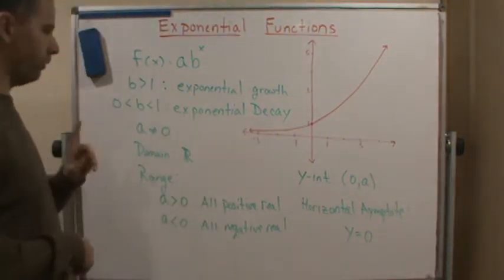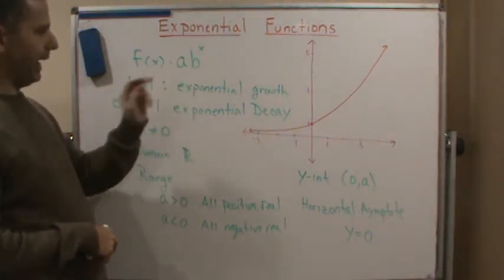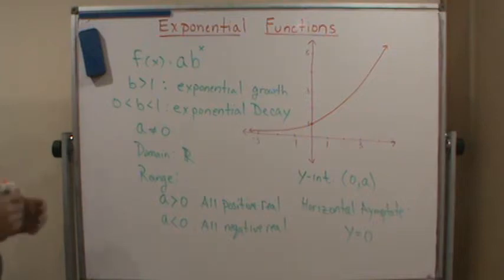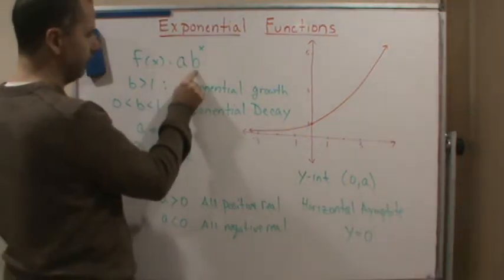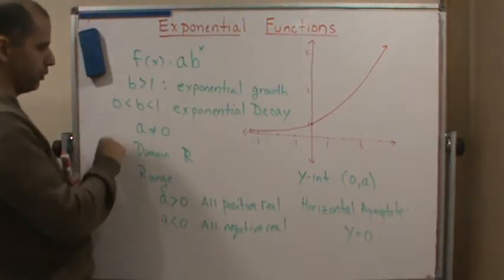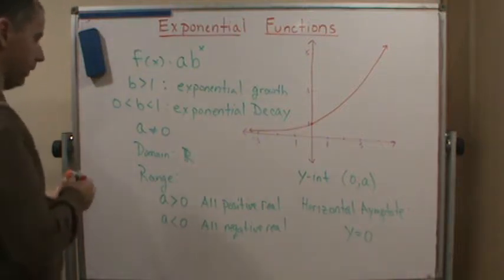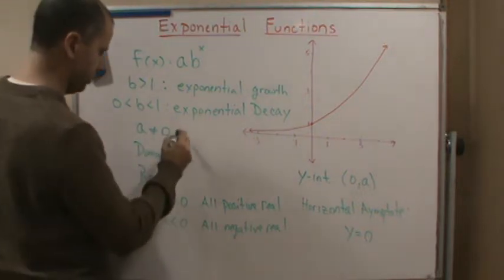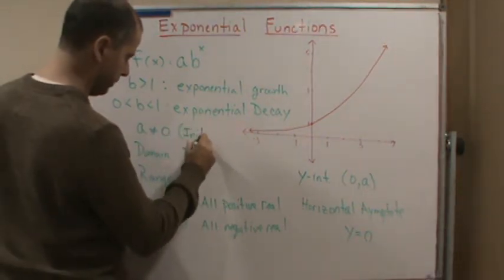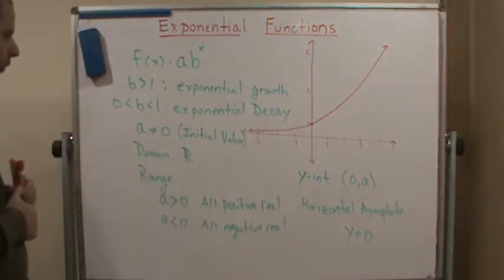First, the general form is f of x equals a times b to the x, where a is some positive value called the initial amount, or initial value.